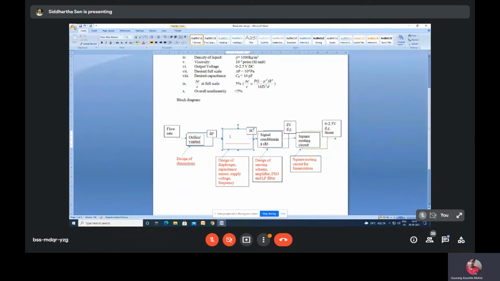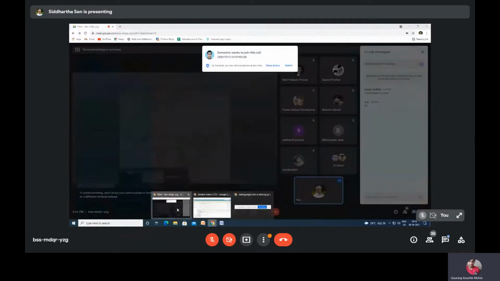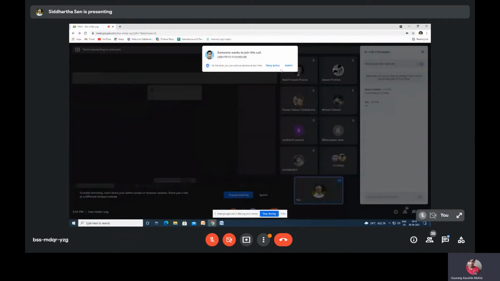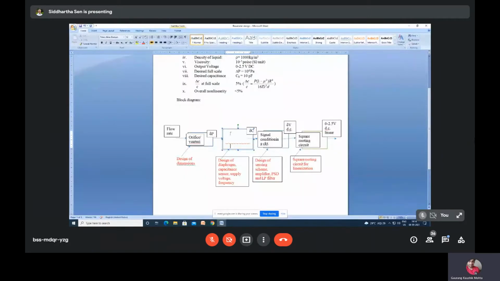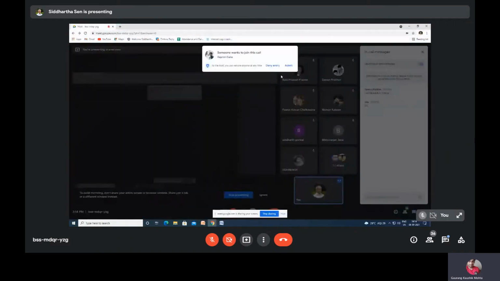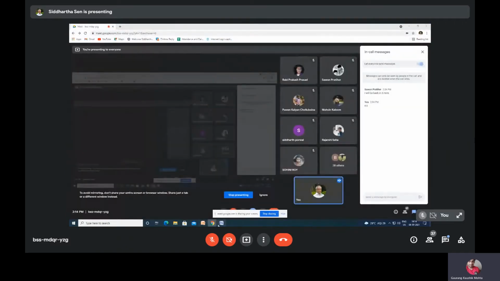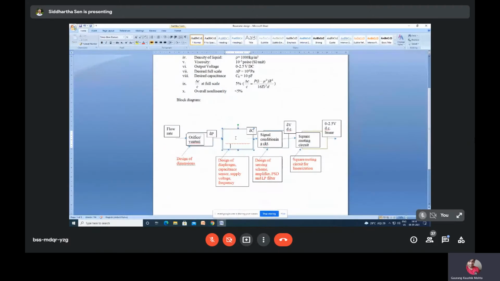If the flow rate changes, the pressure difference will change, and that will cause some displacement of the diaphragm.